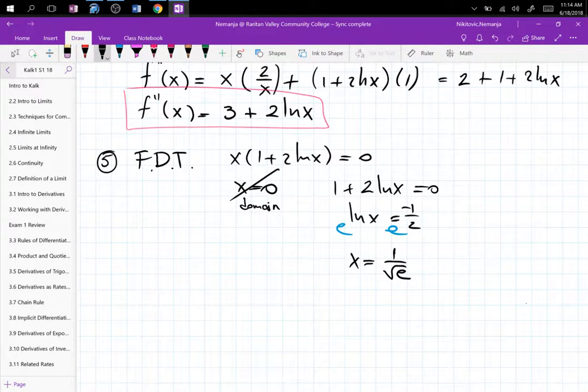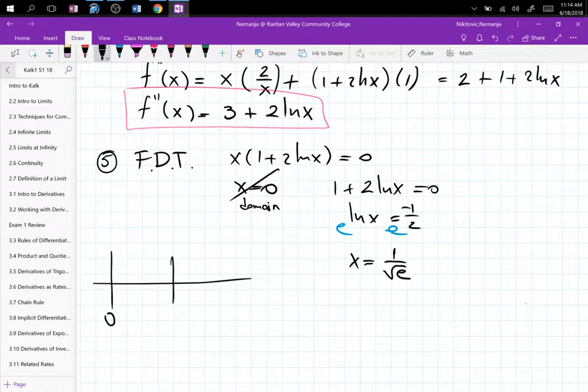So, let's partition. I have 0, which is the vertical asymptote. I have nothing to the left of that 0 because there is no function there, so that space doesn't exist. We only are looking at positive numbers going to infinity. That's our domain.